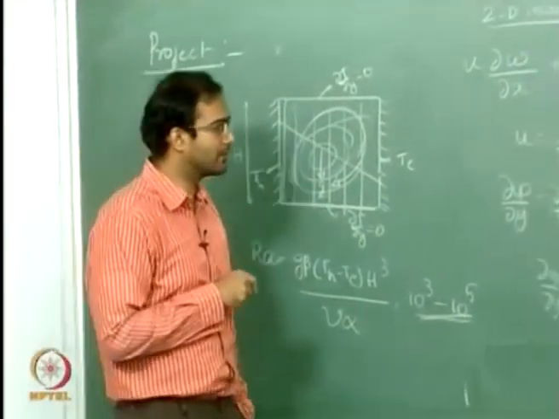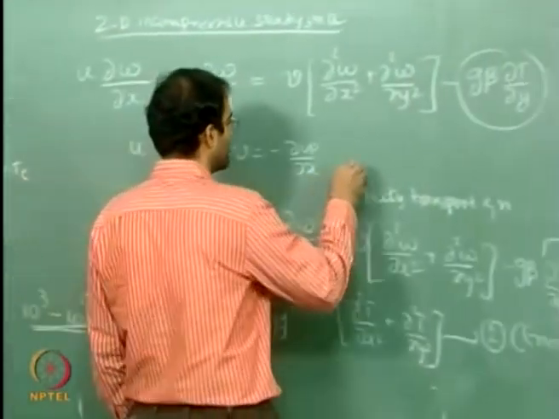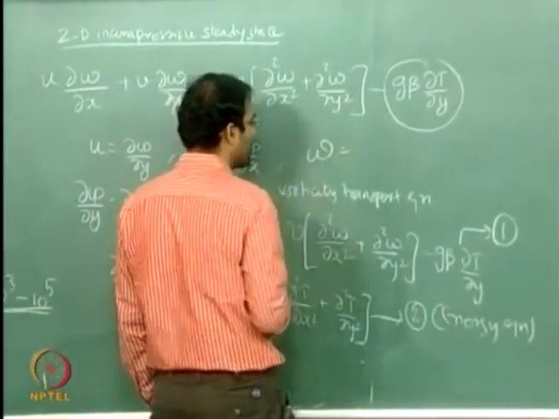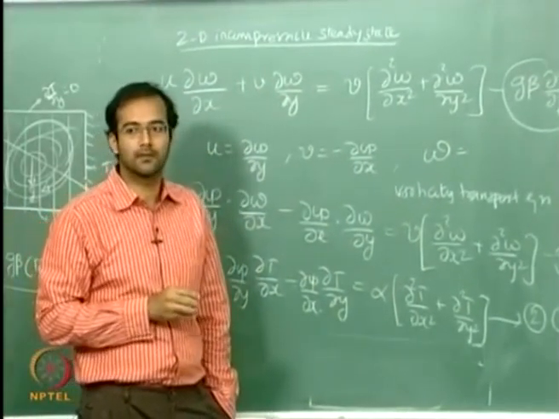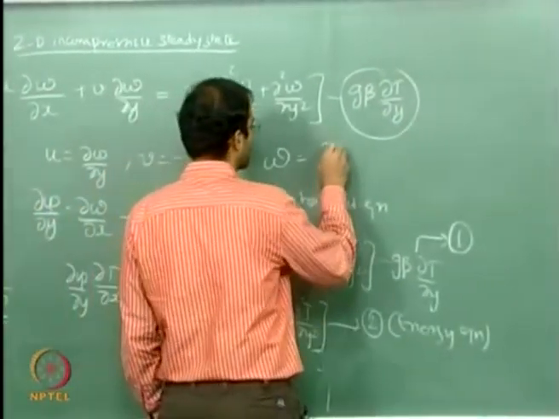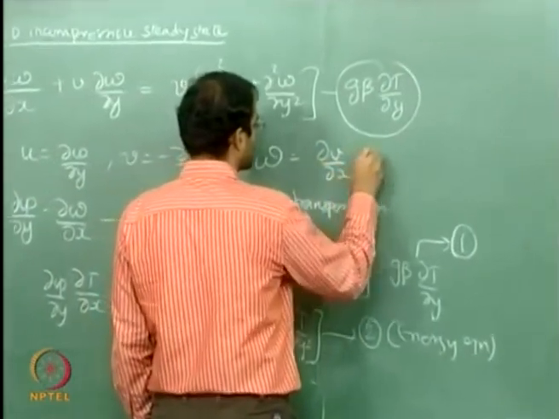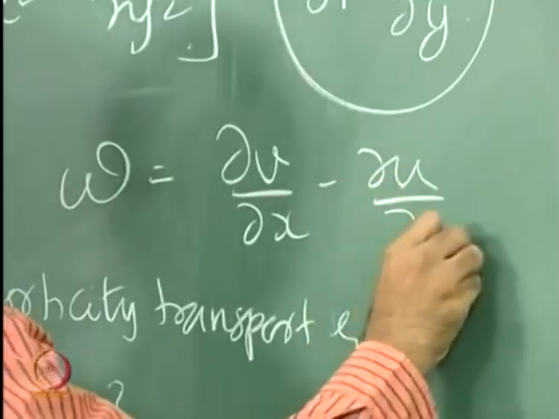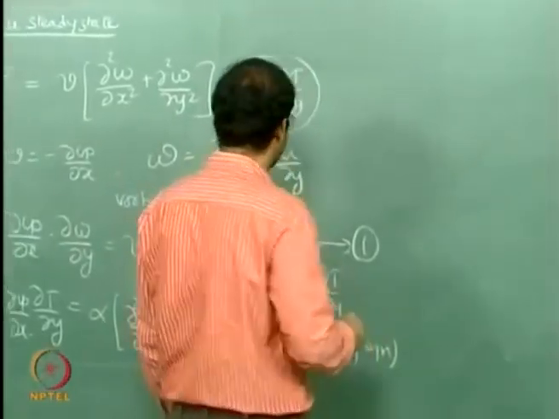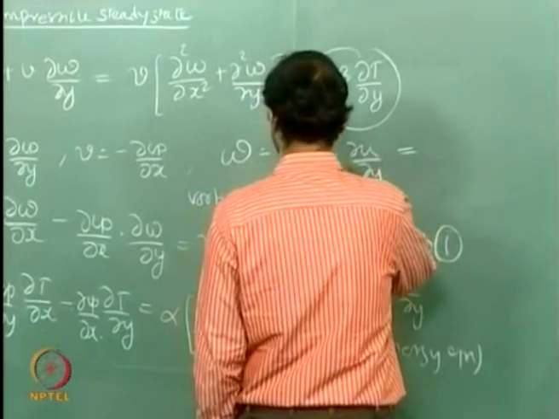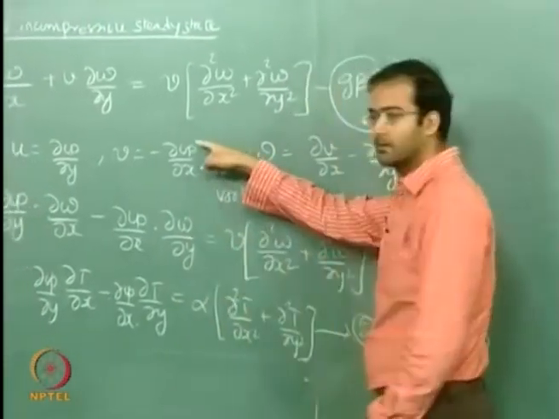So there we use the definition of vorticity. How do you define vorticity in 2 dimensions? So your dv by dx minus du by dy. There we substitute in terms of stream function for u and v here. So your v is minus d psi by dx.